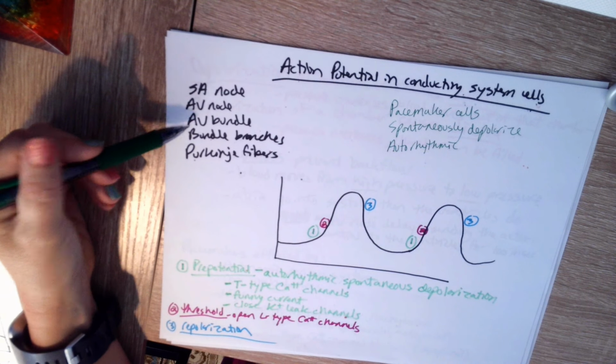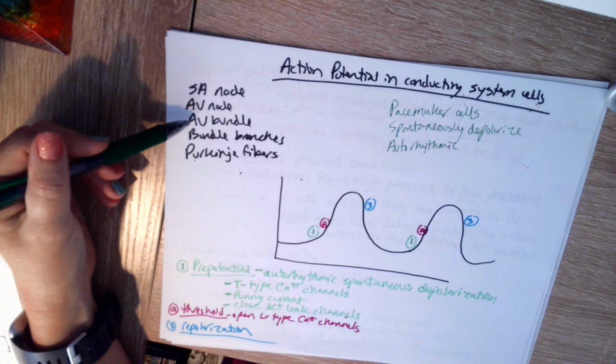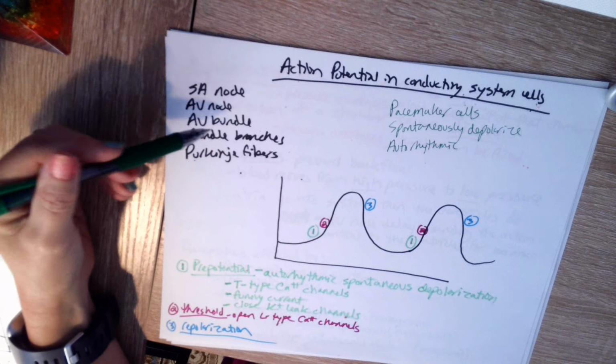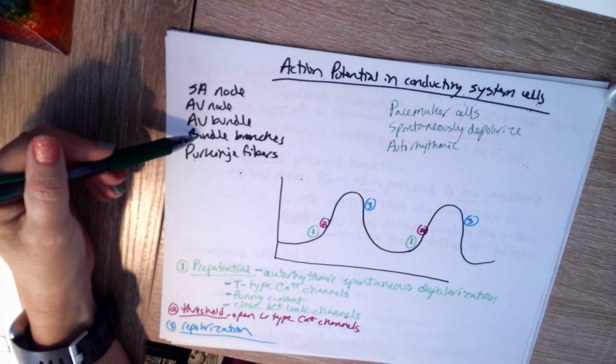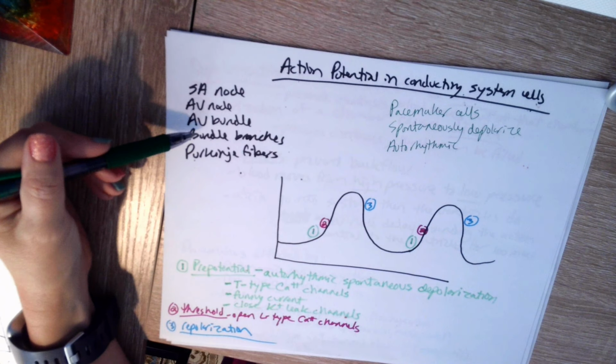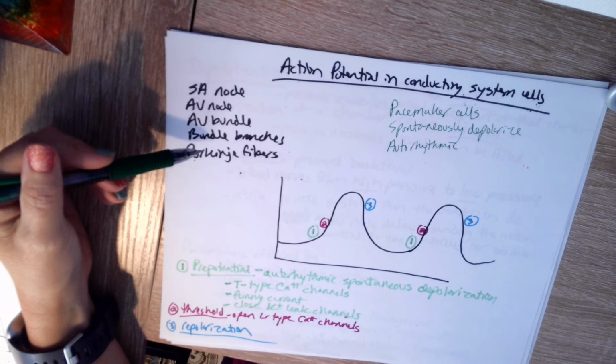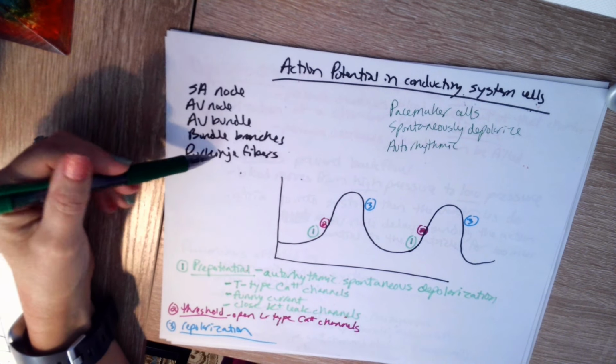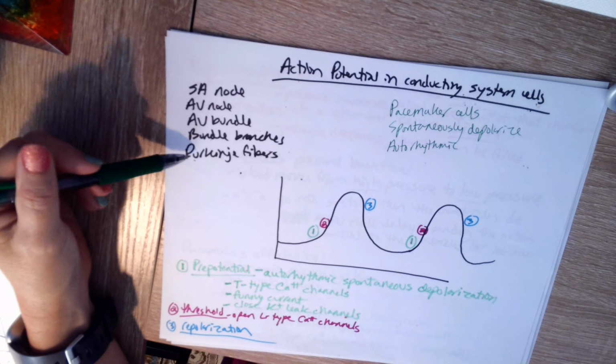The AV bundle is the electrical connection, essentially, between the atria and the ventricles. It goes kind of horizontally over towards the interventricular septum. Then the bundle branches. There's two of them going down the interventricular septum, one on the left, one on the right, and then they branch out into the Purkinje fibers, which go all throughout the ventricles.